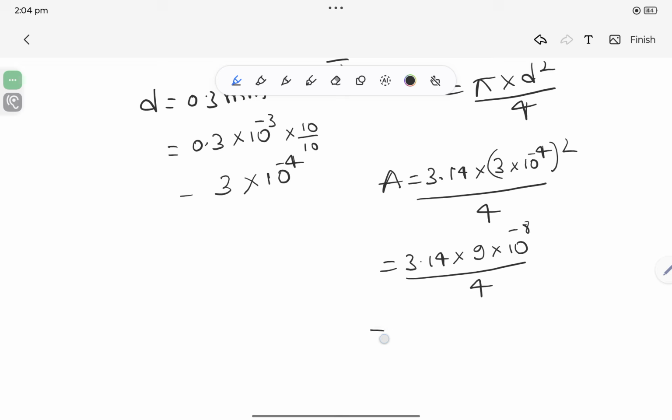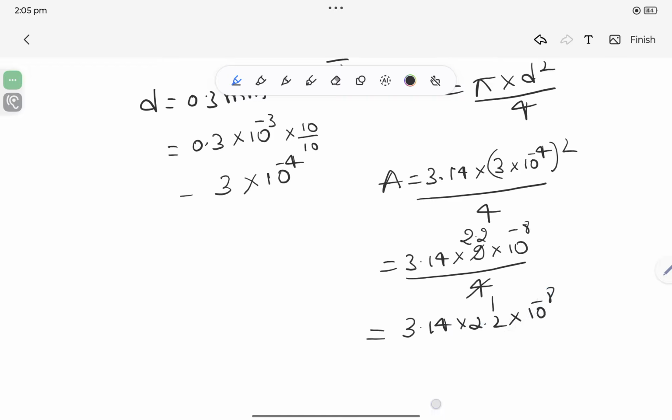If you simplify this, 4 ones are 4, 4 twos are 8, and so on. Taking the nearest value, 2.2 only. So 3.14 into 2.2 into 10 to the power minus 8.